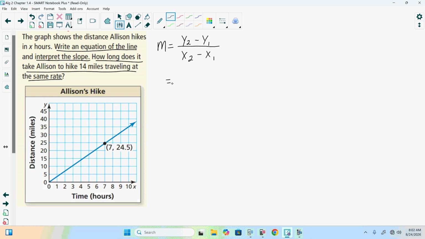And always with these, a good place to start is finding the slope, since it wasn't told to us. Now we're specifically given a point and kind of not specifically given the second, but we do have 2 points. What's one of the y values?